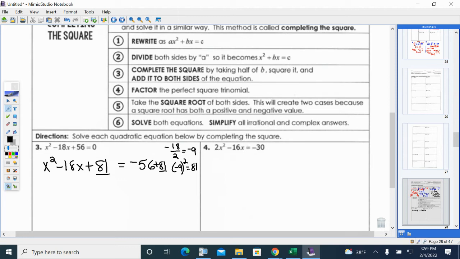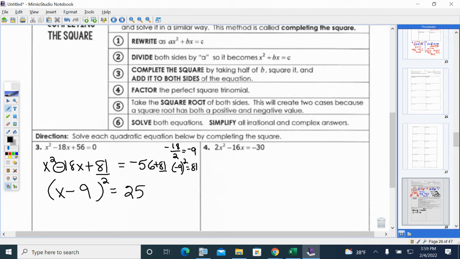We just forced it to be a perfect square trinomial by adding half of b squared. And what it's going to factor into is x minus the square root of 81, which is 9, squared equals, and then we just need to add the negative 56 and the 81 together to get 25.